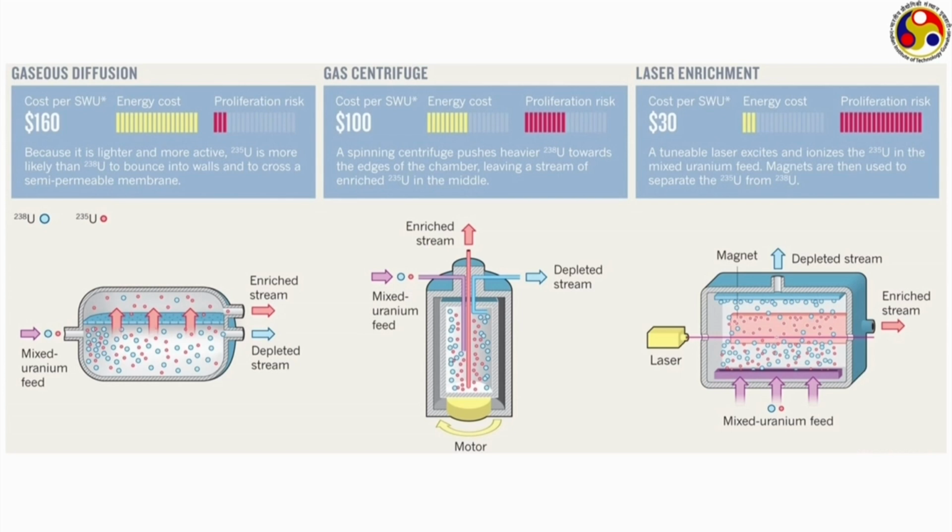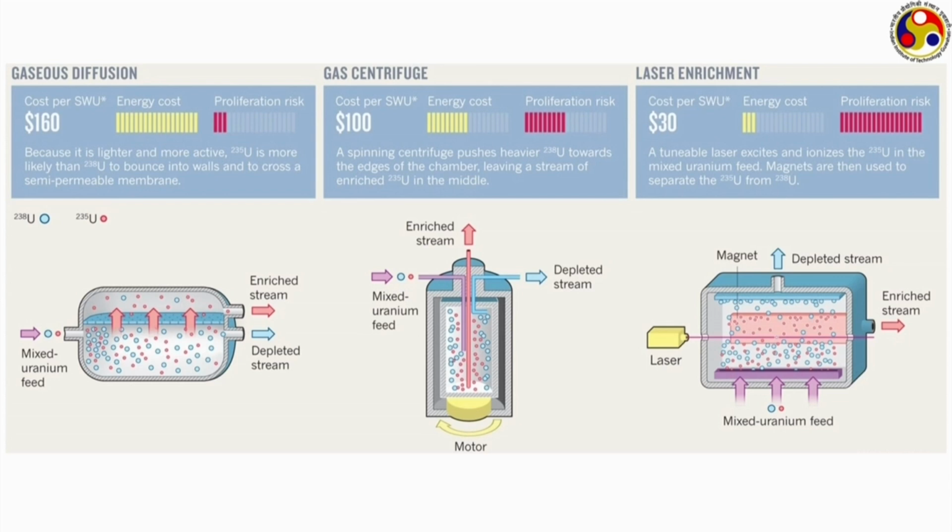Here enriched means the one which contains more uranium 235 than the natural one, whereas depleted refers to the one which contains less uranium 235 compared to the original. So, the diffusion process is based upon the lighter uranium 235 showing larger activity and thereby crossing the membrane.